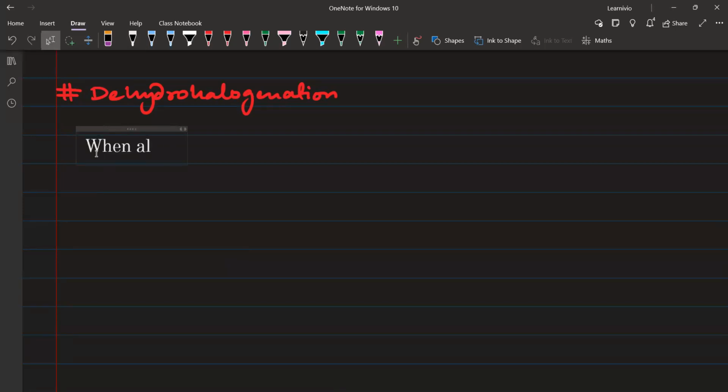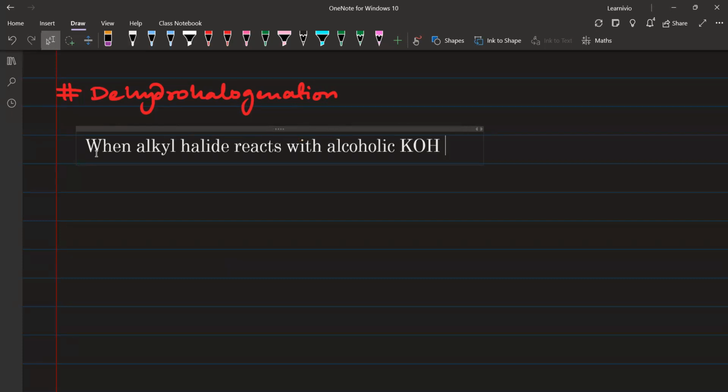When alkyl halide reacts with alcoholic KOH, alcoholic KOH means the solvent will be alcohol, in presence of heat. इसमें ना presence of heat छोड़ देते हैं हम. ठीक है. Sorry, because sometimes in the NCERT they have not shown heat.